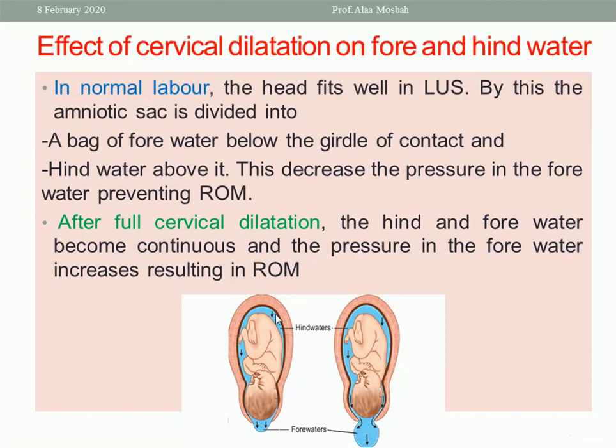This decreases the pressure in the fore water, preventing rupture of membrane. After full cervical dilatation, as in this picture, the hind and the fore water become continuous. As you see, they become continuous after full cervical dilatation, and the pressure in the fore water increases, causing rupture of membrane.